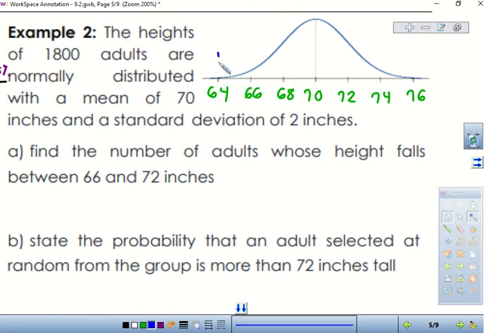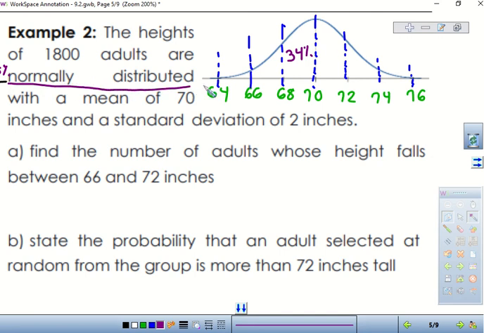Now we put in our dashed lines, and we copy down our percentages. So will they always be these values? Unless otherwise stated, yes. And we're going to see one that has otherwise stated. As long as they say these two words, normally distributed.